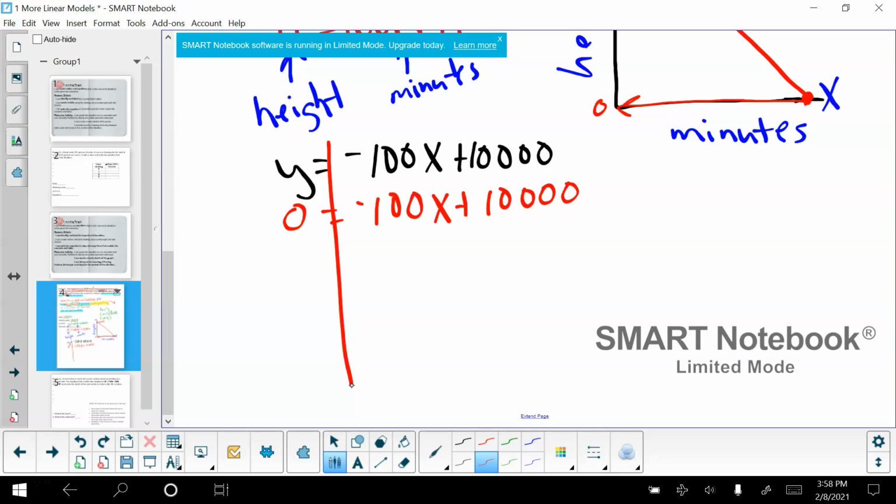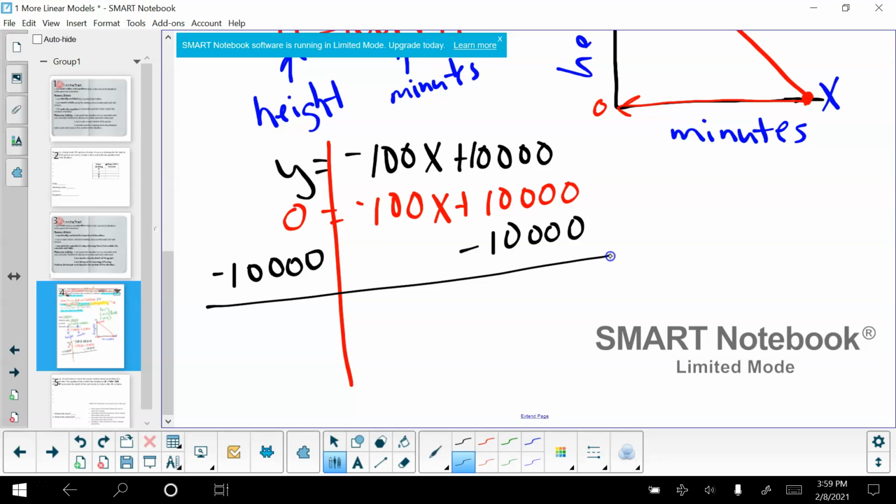Now I want to get the x by itself, so I need to move that 10,000 and the negative 100, but you move things connected with a plus or minus first. So it's the 10,000 that I'm going to move, and since it's connected with the plus sign, I'm going to use a minus. And that goes away. 0 minus 10,000 is negative 10,000.